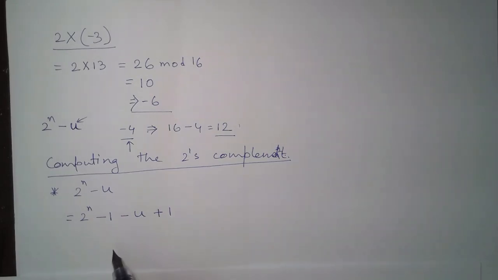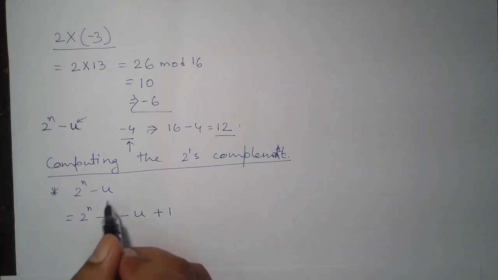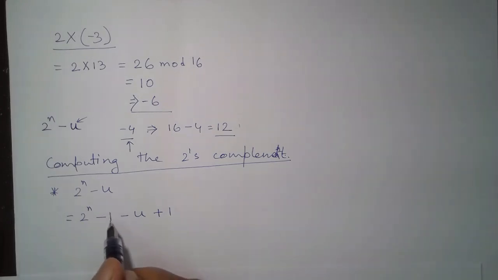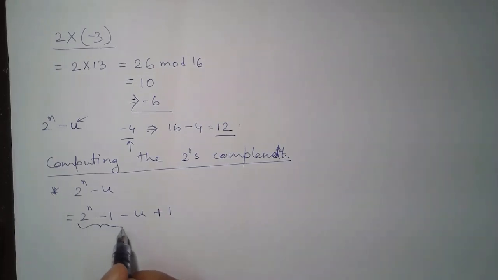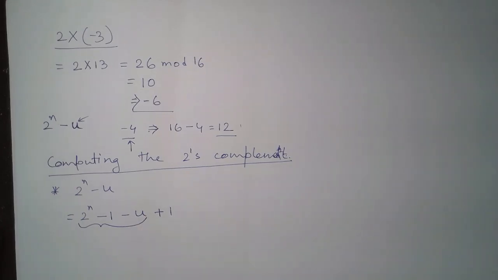I have not done anything different here. I have just shown 1 minus 1 here and added again plus 1, so they cancel each other. So I have not changed the number. Now do you guys remember where you have seen this thing, 2 to the power n minus 1 minus u?